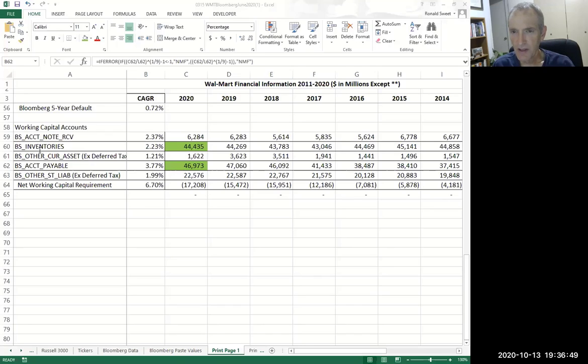Now, the only other issue we have is the graph. So you have a graph that does net working capital ratio to CFO. And lower and negative are the best, but you have to be careful.